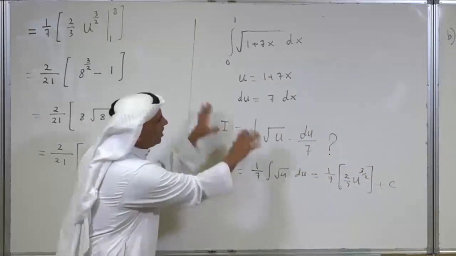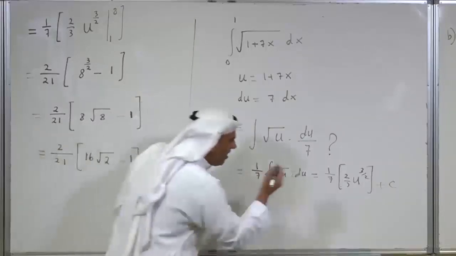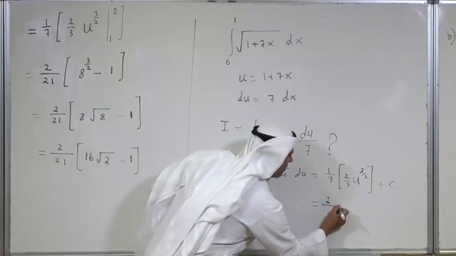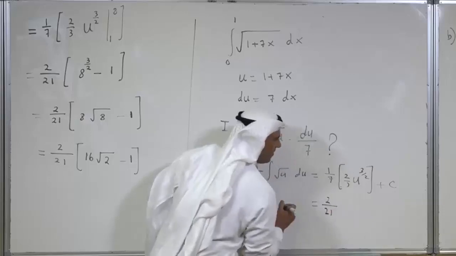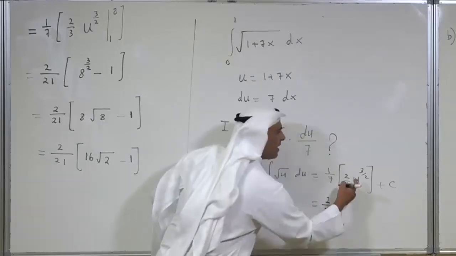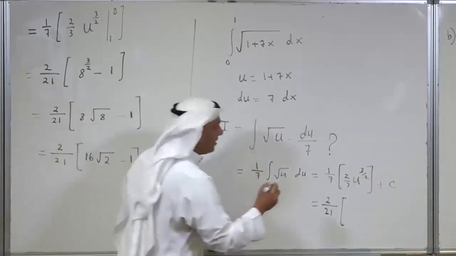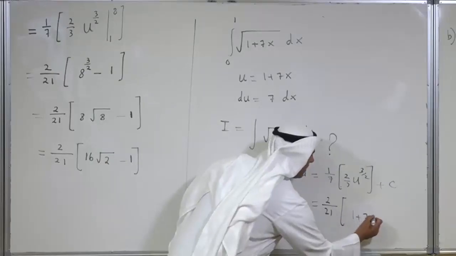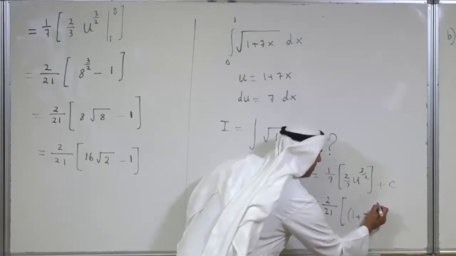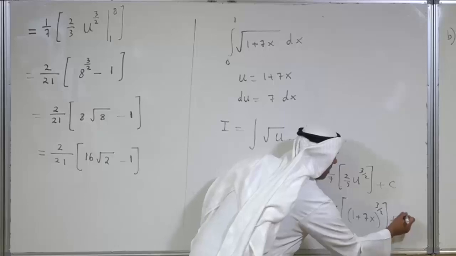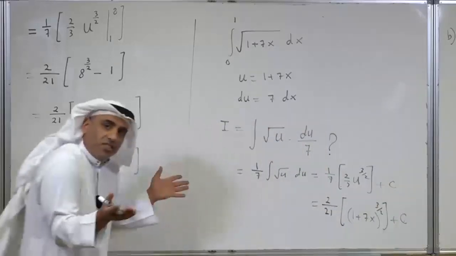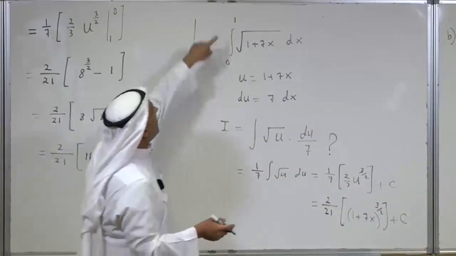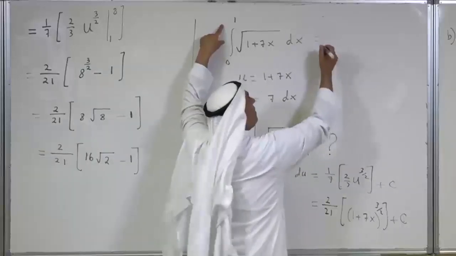I'm doing it as an indefinite integral. And then I will write this as 2 over 21. Then I replace u by its value, 1 plus 7x, so this will be 1 plus 7x to the power 3 over 2 plus a constant of integration.